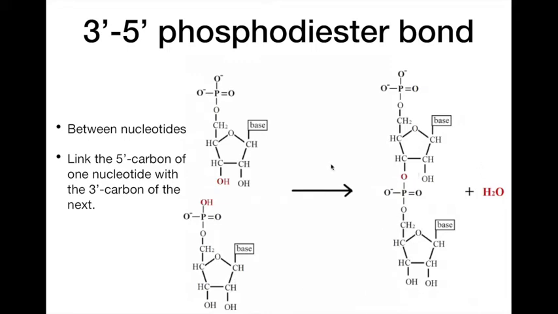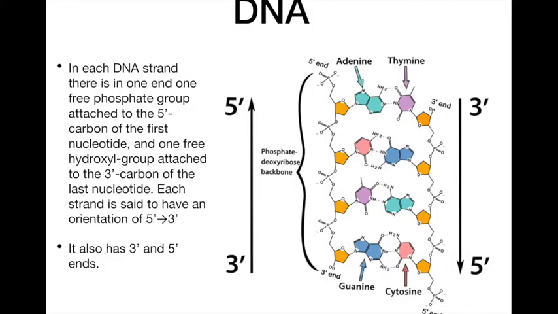And because it is between the 3' carbon and the 5' carbon, it's called a 3', 5' phosphodiester bond. Okay, now you see, in a DNA molecule, because of this type of bonding, the first nucleotide will have, you see why?